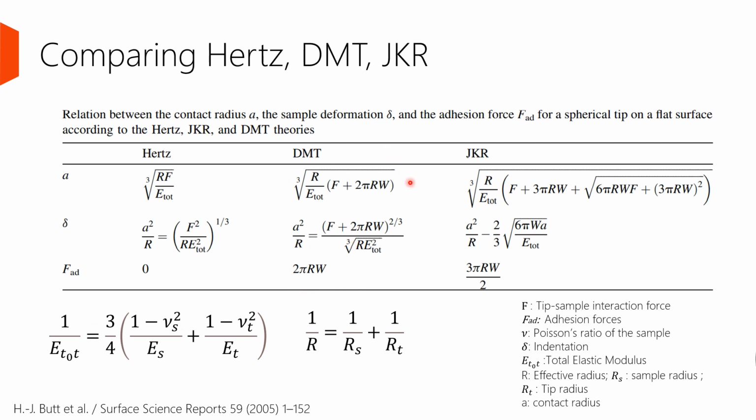So the equation of the DMT model is very similar to the Hertz model. But the JKR model has more terms that include the adhesion work, so the adhesion situation in the JKR model is a lot more complicated.